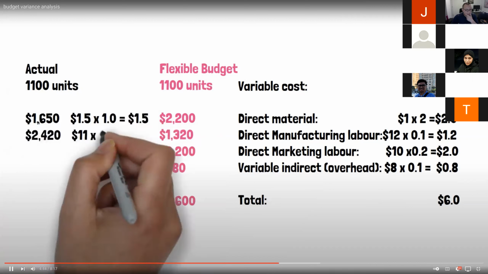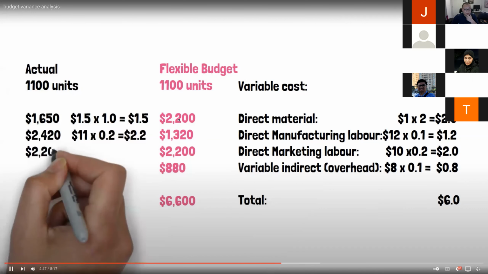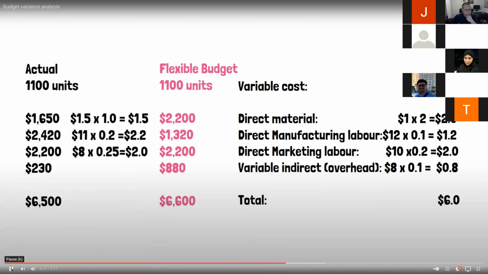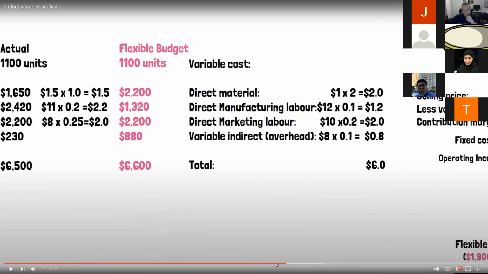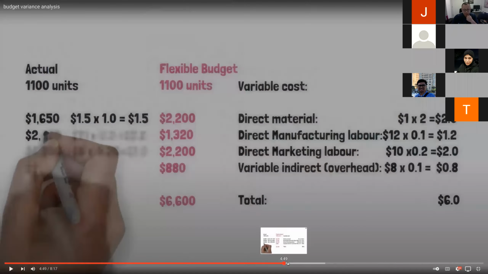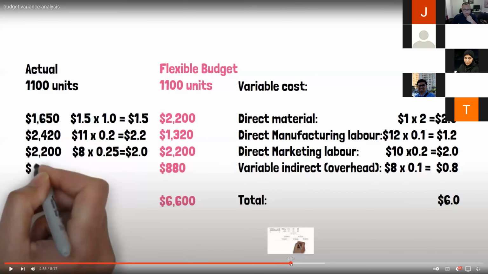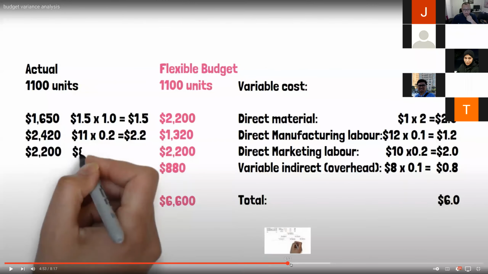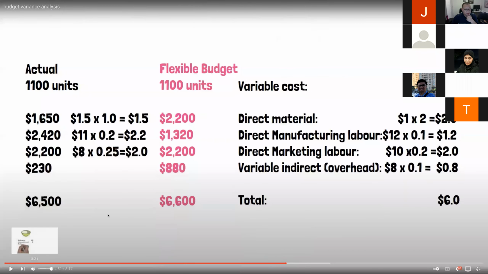Okay, so the actual numbers, you can see this black is different from the pink color. You can see that the variance we are trying to explain is between 6,600 and 6,500, right?